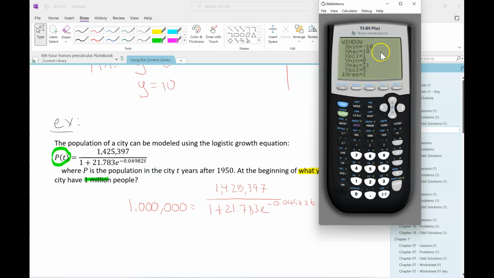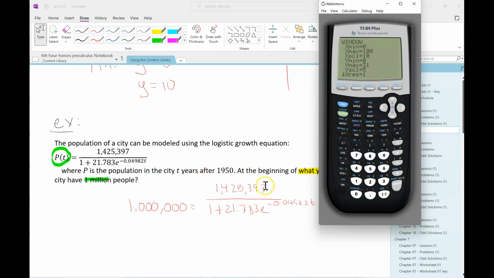All right, I'm going to have to reset my window. So T is years after 1950, so I'm going to go 0 to, I don't know, 100. I'm not really sure. I don't have any data points along the way to give me an indication of how fast this is actually growing. So I'm just kind of taking a guess. I figure 100 years, though, is probably reasonable.